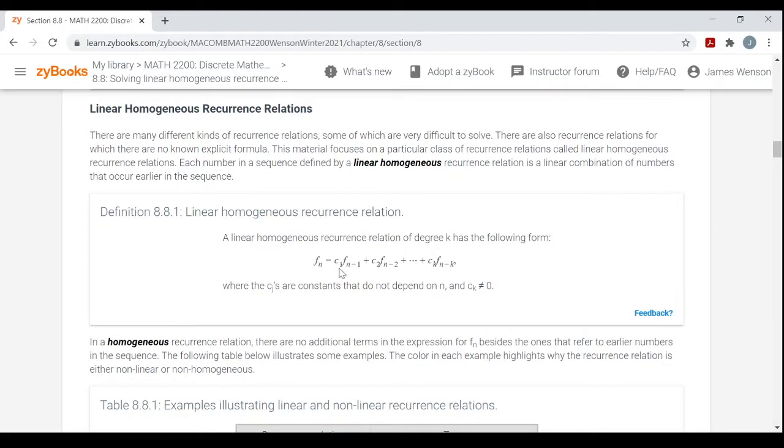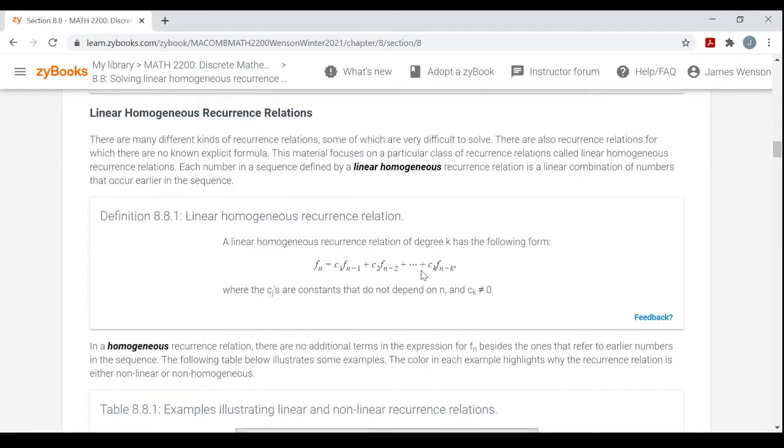All these c1 times f sub n minus 1 plus c2 times f sub n minus 2 plus ck times f sub n minus k, all these c sub j's are constants that do not depend on n. They're just numbers with no variables in them.